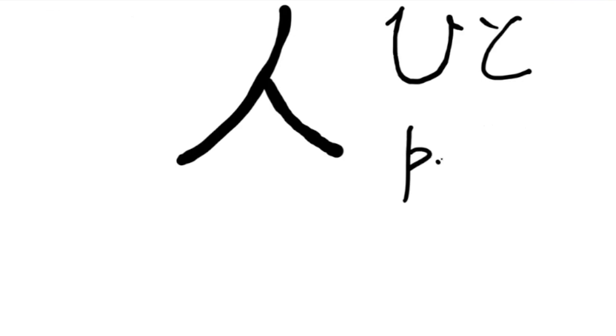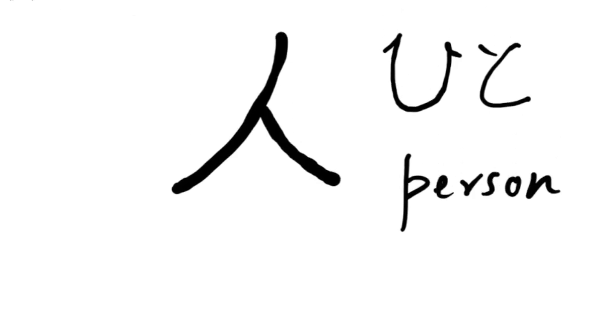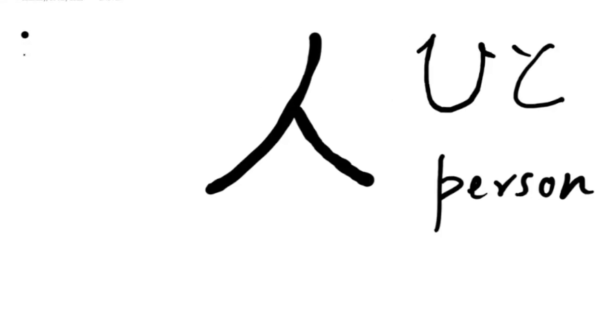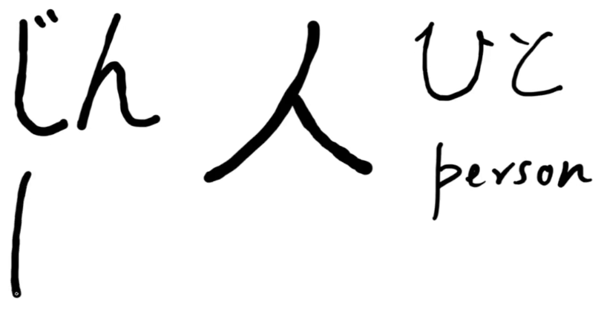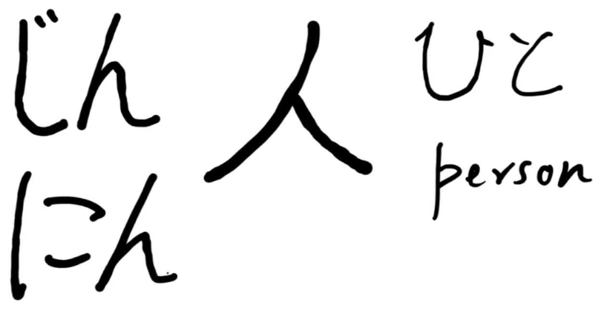The kunyomi, the Japanese reading of this kanji, is Hito, which means person. It has 2 onyomis, the Chinese readings. Jin, and the second reading is Nin.